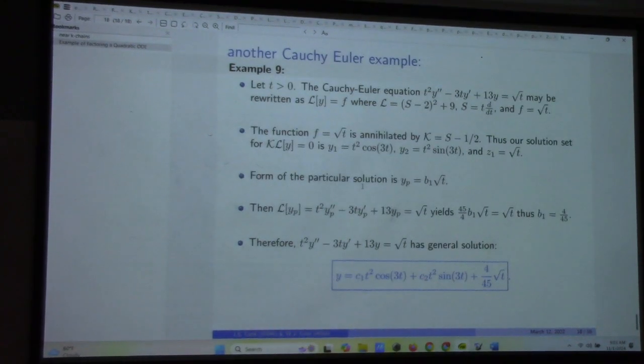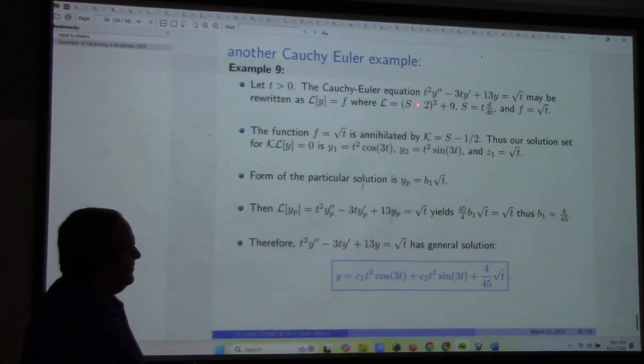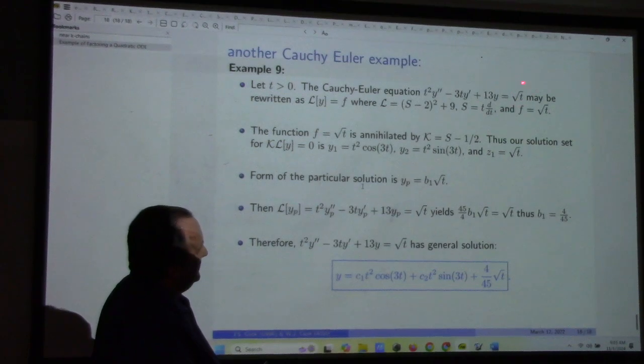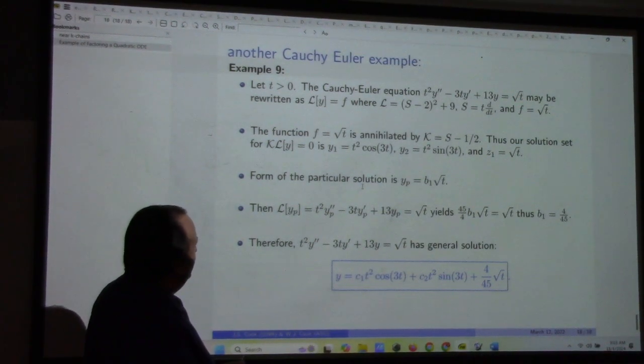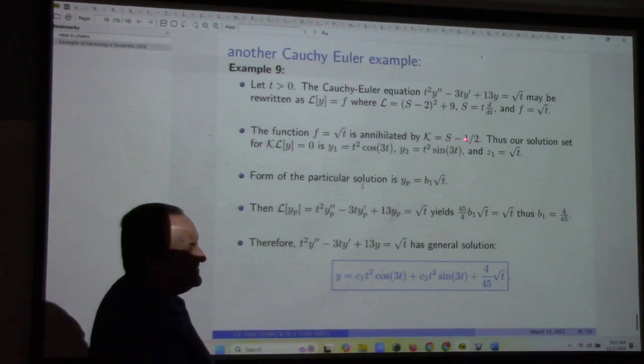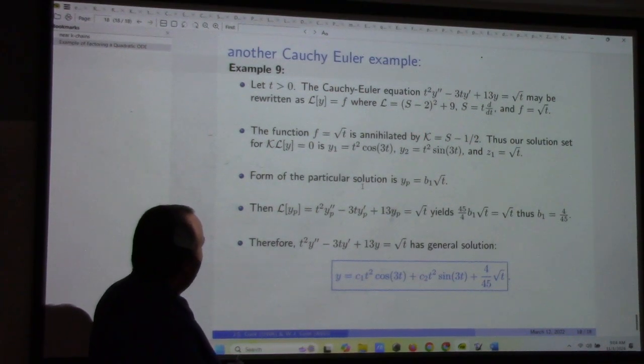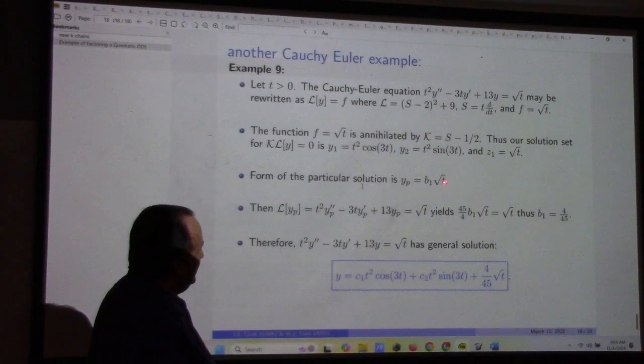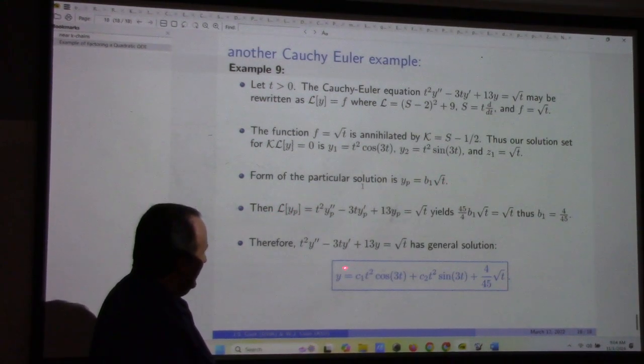Let's see here. If you look at the Cauchy Euler problem, t squared y prime prime, and so on, with a non-homogeneous term over here, then I figure out the annihilator for that is such, and so we get a solution set of this, and that gives us a particular solution of b1 times root t, and you plug it in, and that's the solution.